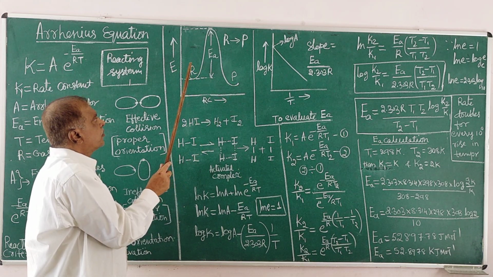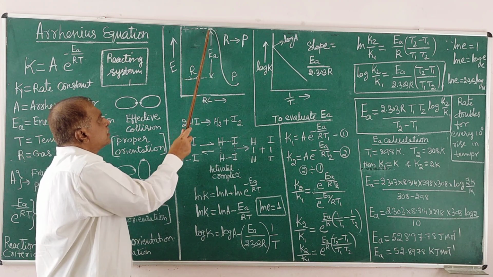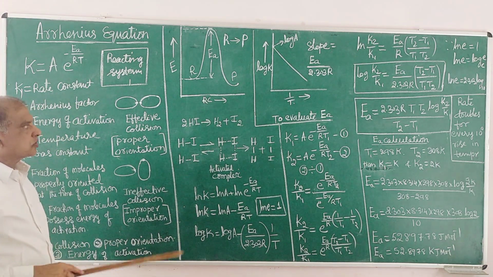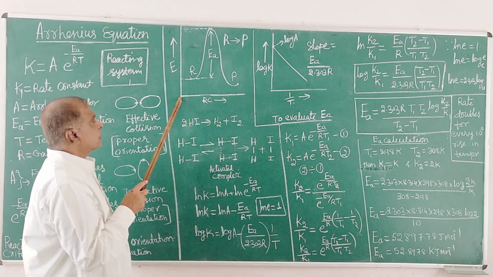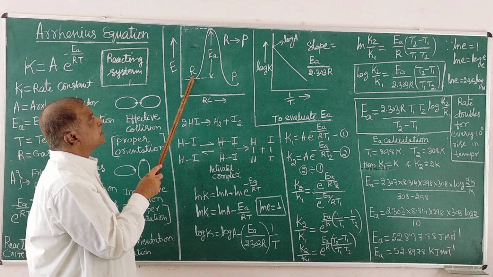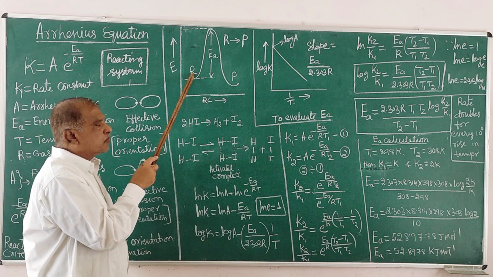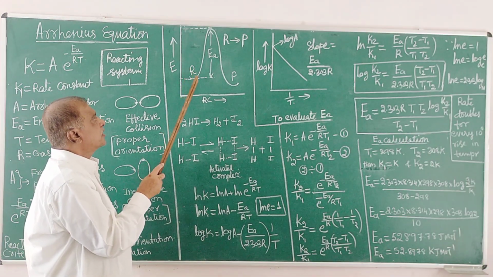While changing from reactant into product, that is the variation of energy in the reacting system. What is this energy? This energy is not zero. This is the energy the reactant molecules have. Normally, the reactant molecules possess this amount of energy. Then this is the threshold energy.